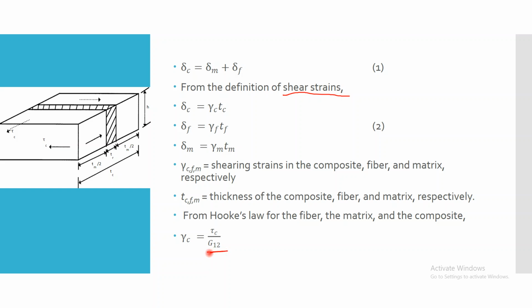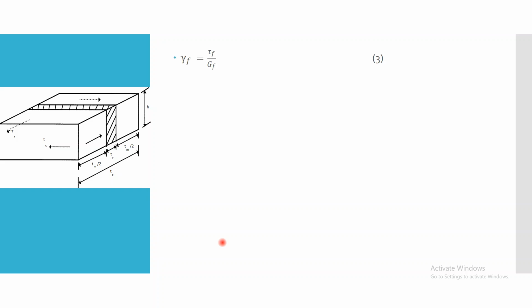As we want to find the shear modulus of rigidity, that is G, and since it is in the direction of 1, 2, it is represented as G12. Similarly, gamma F is equal to tau F divided by GF, and gamma M is equal to tau M divided by GM, where suffixes are used.